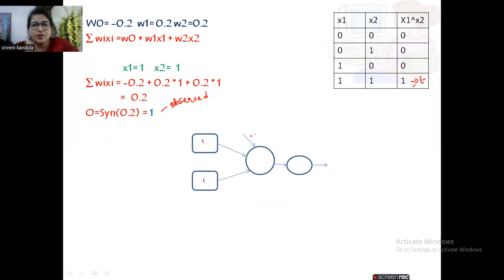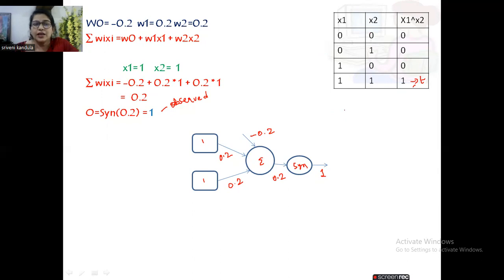So finally, our network is working fine with these set of inputs. W1 is 0.2, W2 is also 0.2, and if you apply the sign function, the output that we have obtained is a 1. So with these set of inputs, our perceptron unit is working correctly and giving us the desired result. There is no difference between the target and the observed. So that means our perceptron has learned the weights. So this is how the perceptron training rule works.